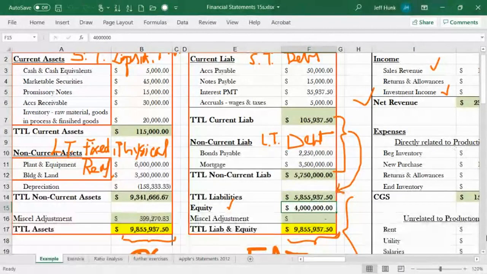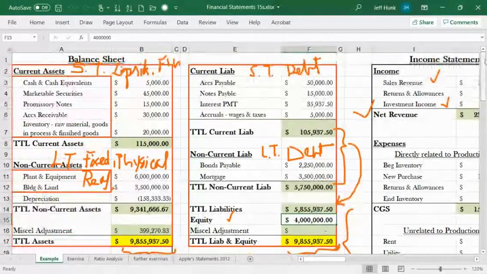Alrighty, we're back. Right before the break, I was talking about the capital structure, right? So first of all, we need to raise $10 million. For what? For the plant and equipment, building and land, which are called long-term assets or fixed assets or real assets or physical assets, right?